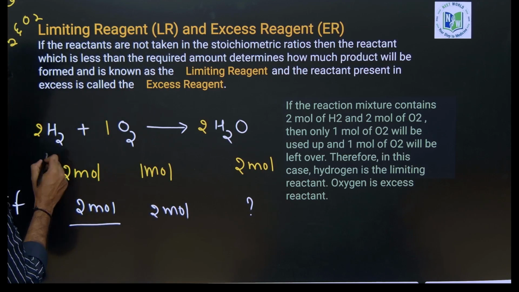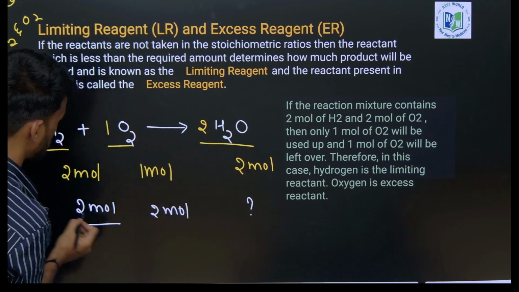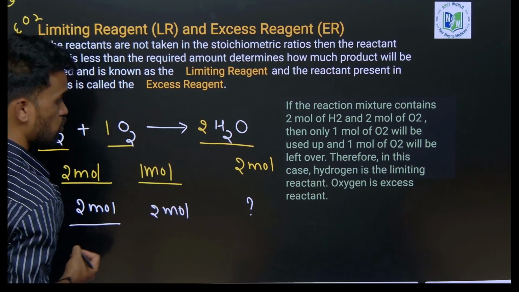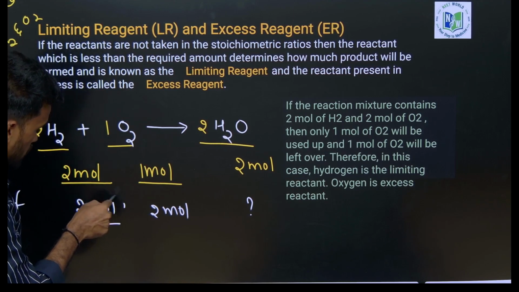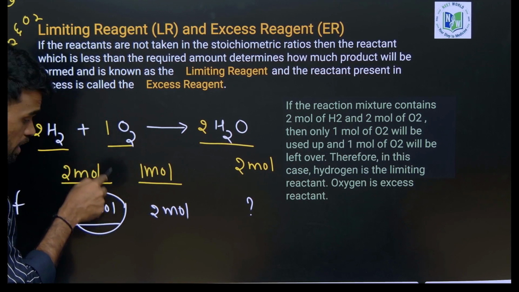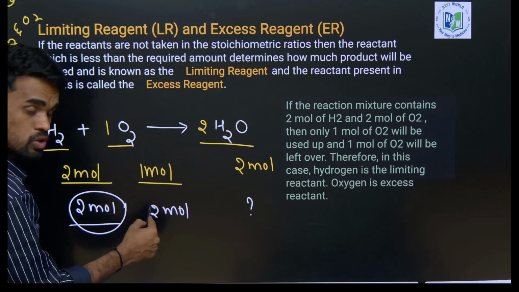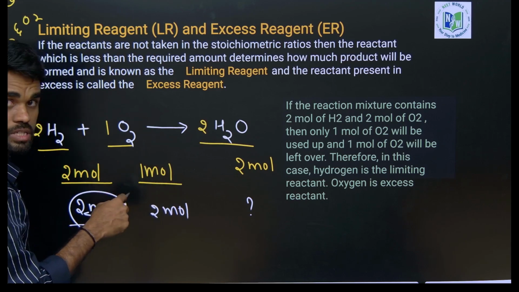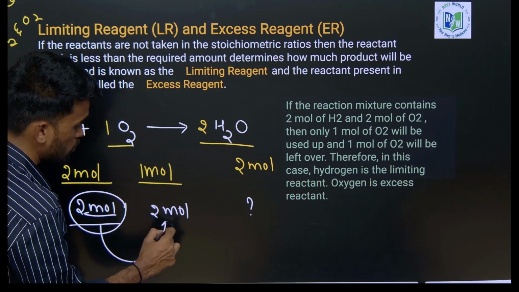See, as per the balanced equation, for every 2 moles of H2 we require 1 mole of O2. So for every 2 moles, how much O2 is required? Only 1 mole is required, right?